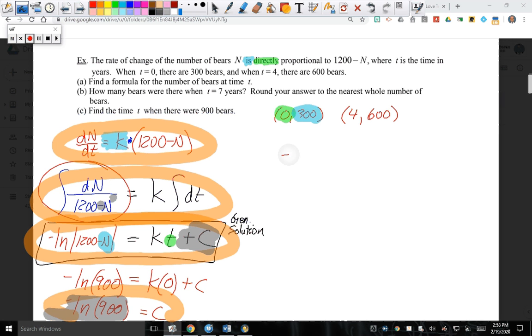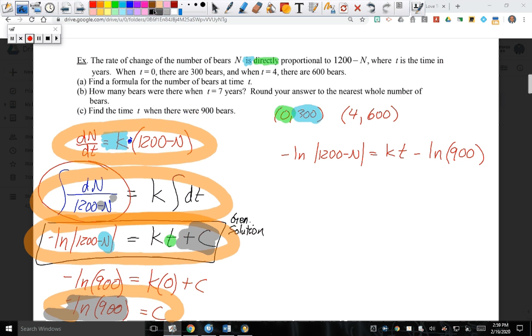So that I have negative natural log of the absolute value of 1200 minus n is equal to kt minus the natural log of 900. It's almost a particular solution. I still need to solve for what variable? From what your experience from calc so far has led you, what would you probably do right now to make this a little bit, quote unquote, easier to work with?